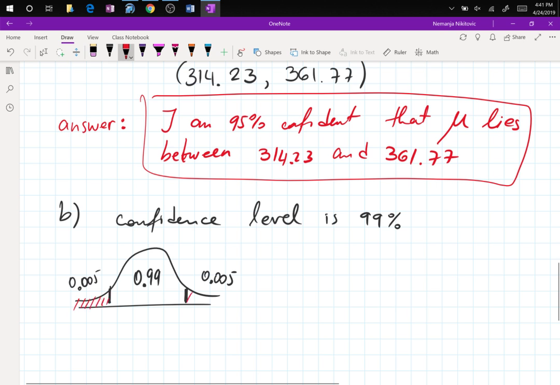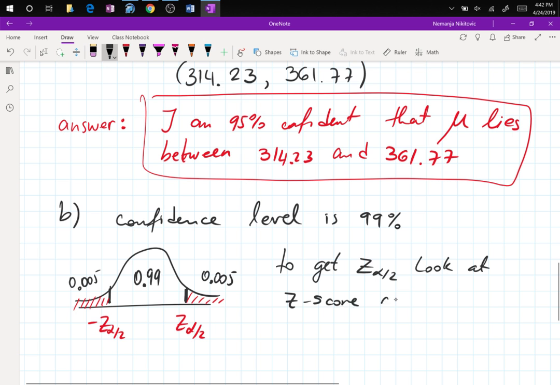And those will give a negative z alpha over 2 and a positive z alpha over 2. So we're just going to look at the negative. To get z alpha over 2, look at the z-score chart.